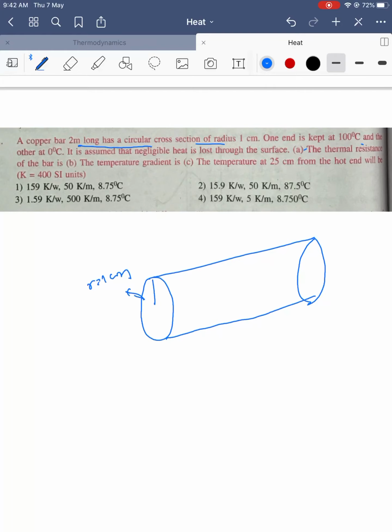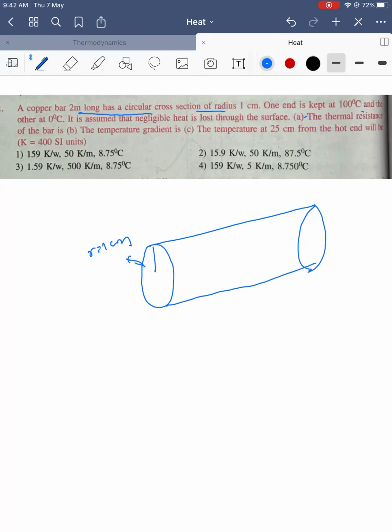So now the cross section area is given. Now he is asking to assume negligible heat loss through the surface. From the surface, heat is not going outside. That is the meaning of negligible heat loss. One end is maintained at 100 degrees Celsius, the other at 0 degrees Celsius.